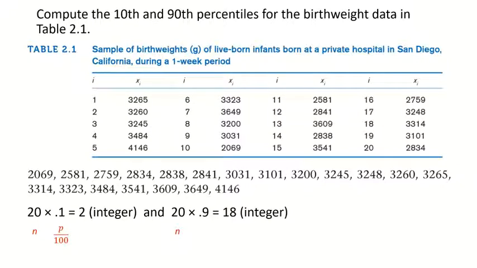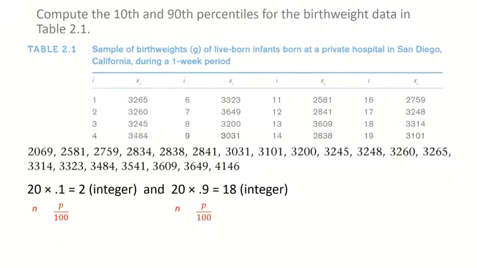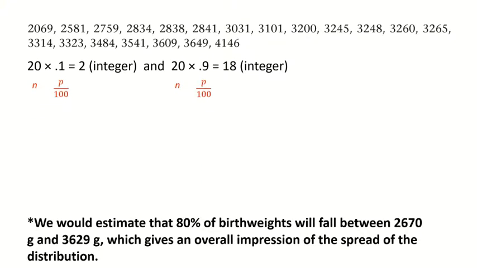The same is true for the 90th percentile. The results show us that the np over 100 of both percentiles are integers or are non-decimals. For the 10th percentile, np over 100 equals 2, or the second data point on the array.